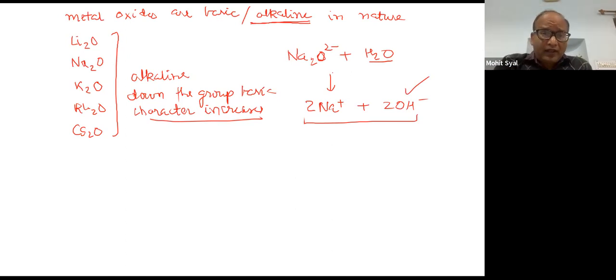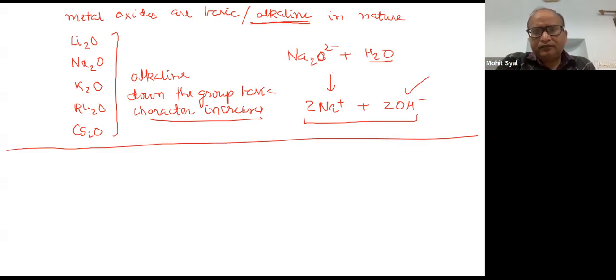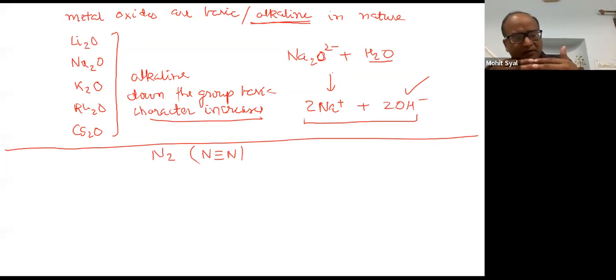Now, reaction with air will not be complete if we don't consider the reaction with nitrogen. The reaction with nitrogen is difficult because nitrogen is less reactive; both nitrogen atoms are connected by a triple bond.